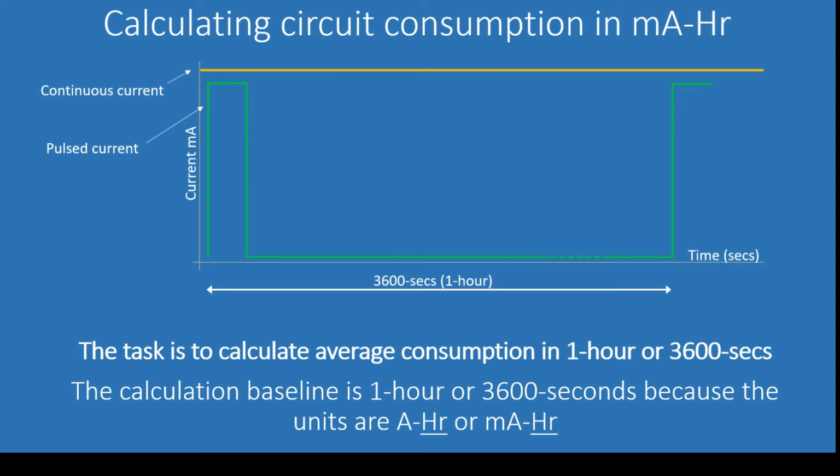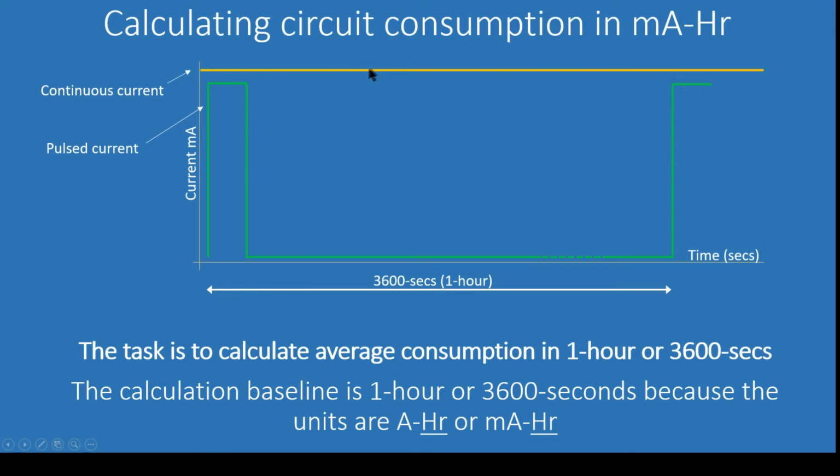So calculating the circuit consumption in milliampere hours is really all about finding the average value. So I've got two examples here. One example, the top one, the amber one, is a continuous demand of current.